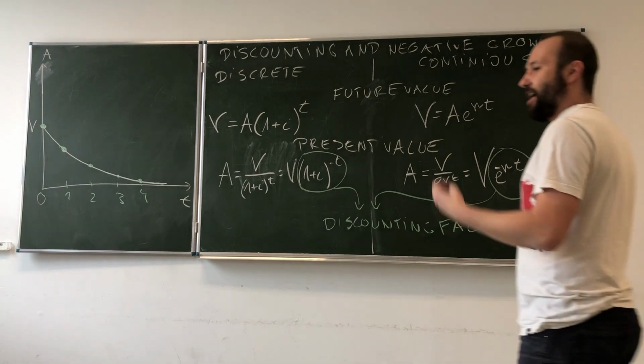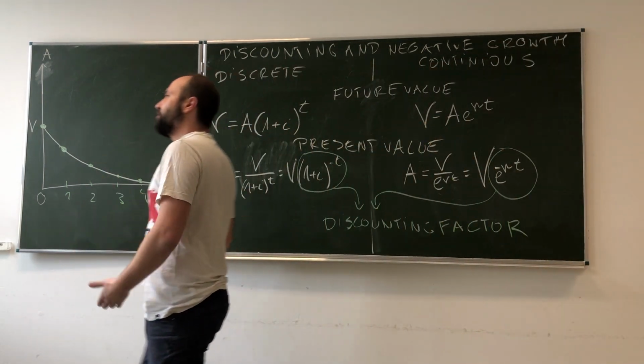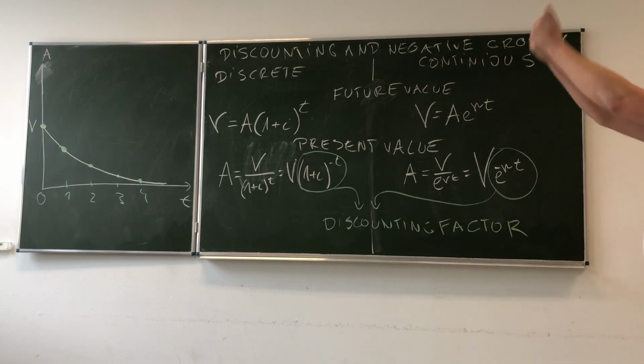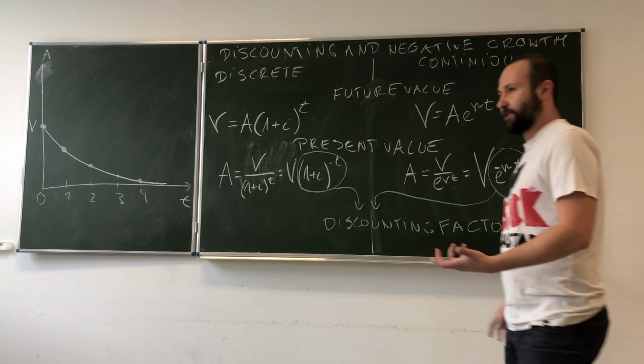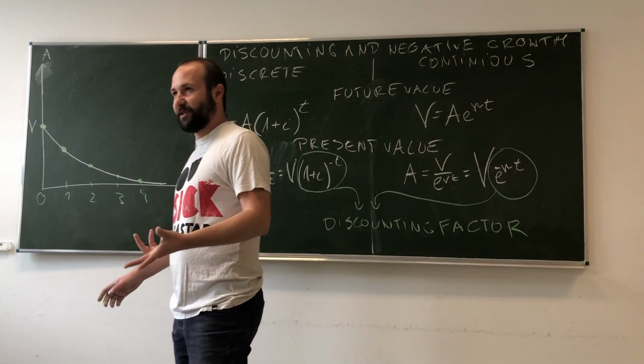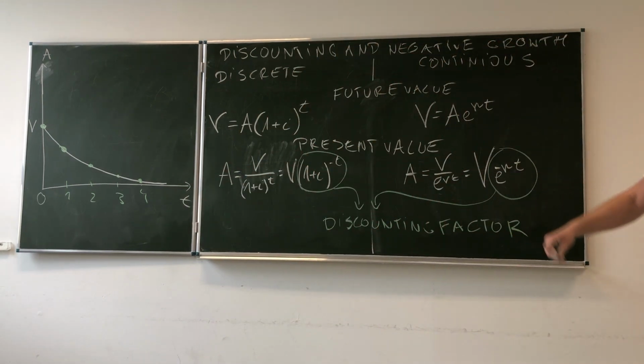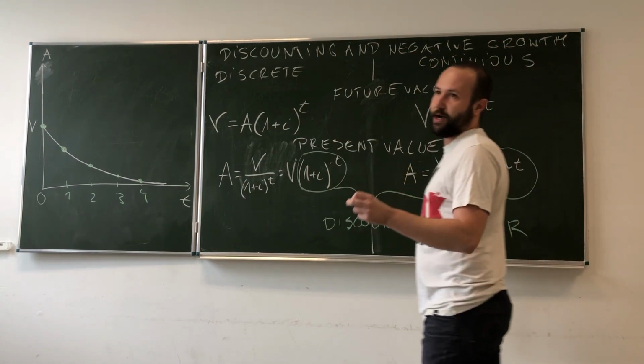Because if you're considering whether you want to get $1,000 today or 1 year from now, then of course, if the interest rate is 5%, and you're not getting money today, you're going to lose $50.